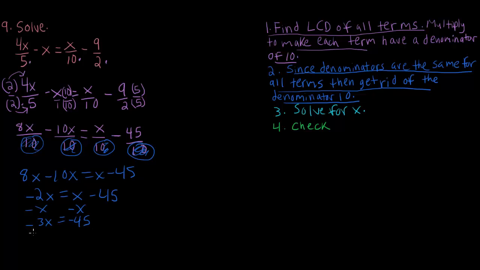And if we divide by negative 3 on both sides, 3 goes into itself 1, 3 goes into 45 15 times. So x, because it's a negative divided by a negative, x equals positive 15.